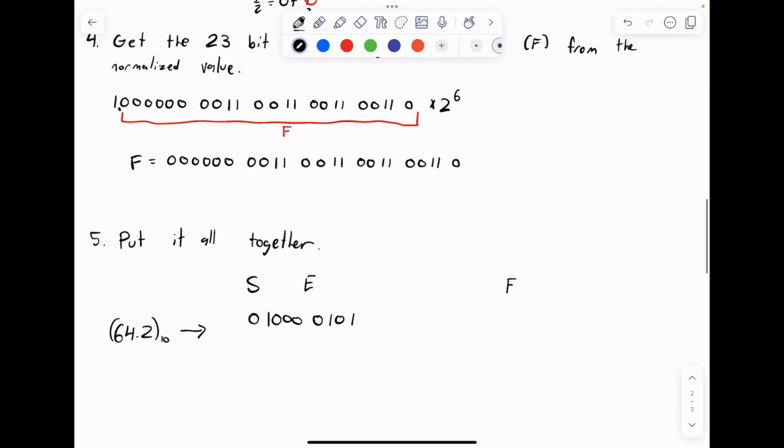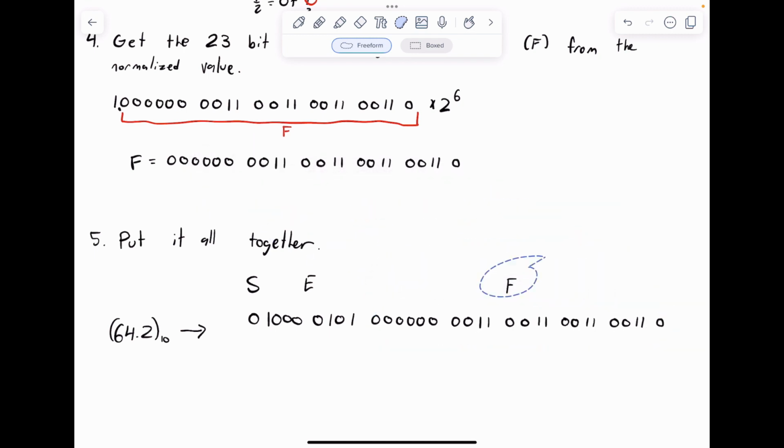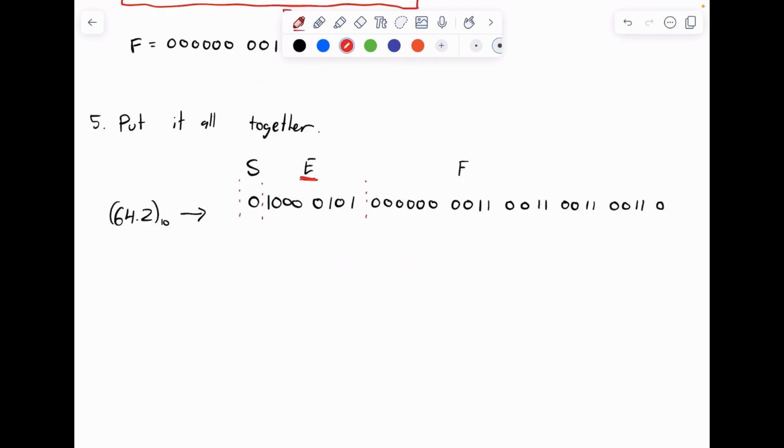And then f, which we just found, will be this value right here. And so that's how we convert 64.2 from decimal to IEEE 754 single precision.